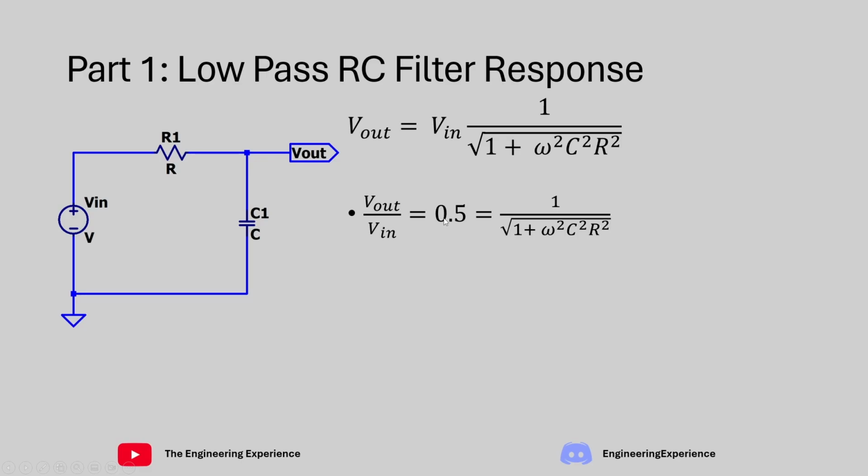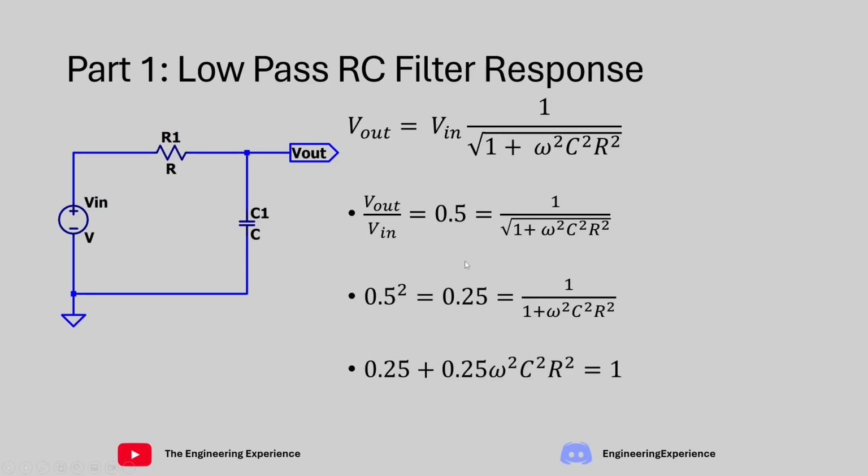So now the equation is 0.5 equals 1 over the square root of 1 plus omega squared c squared R squared. Doing a square on both sides, you end up with 0.5 squared, which is equal to 0.25. Then squaring the top and bottom means that you get rid of the square root on the bottom, and on the top you end up with 1.